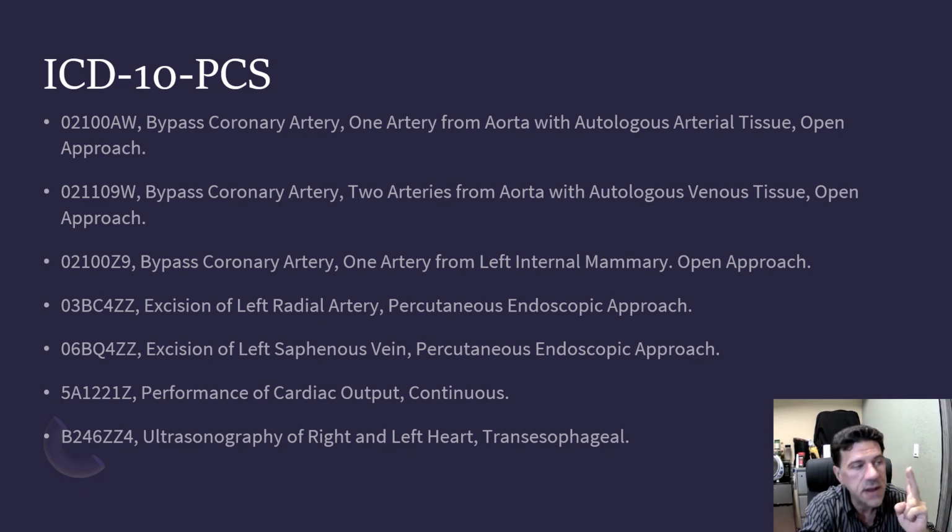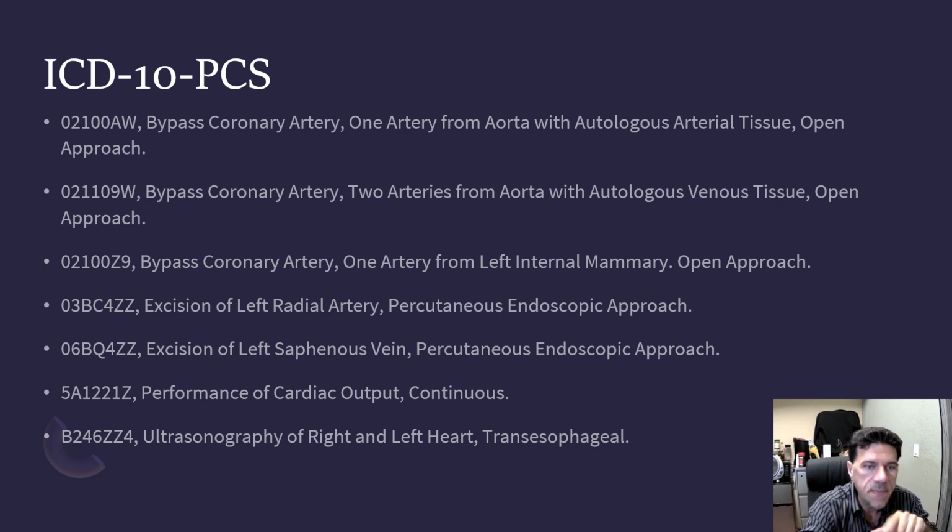The second coronary artery bypass, as we read before, was the saphenous vein graft to the obtuse marginal and diagonal, right? So we have bypass coronary artery, two arteries, one device, saphenous vein graft to two coronary arteries, obtuse marginal and diagonal.